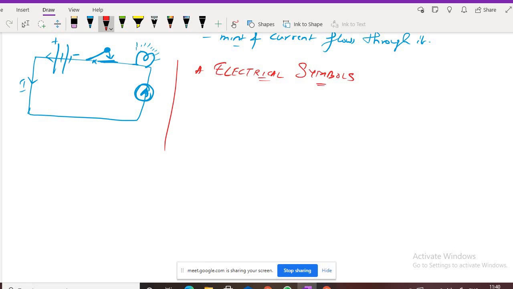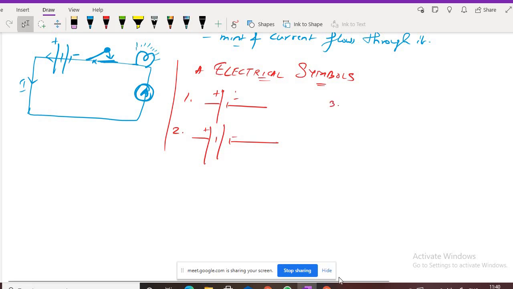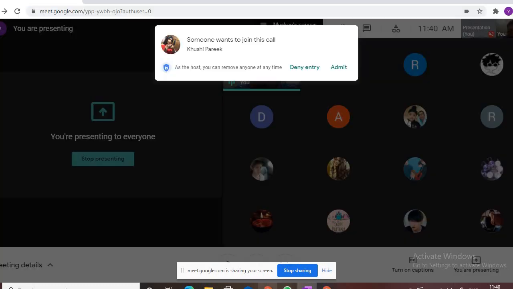Alright, electrical symbols. So the first symbol is somewhat like this. You will tell me what this is. One by one, I will ask you. The students are joining like this. Still somebody has joined. Just hold on, this disturbs the class.